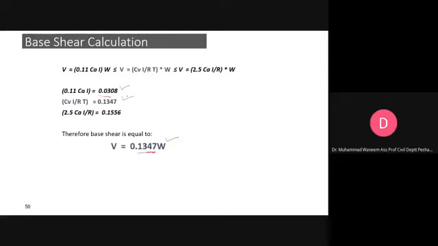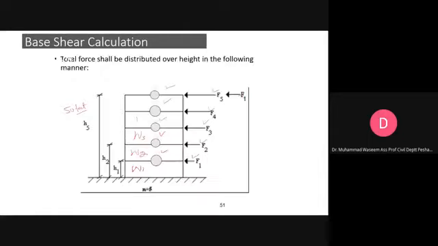You compute the base shear. This value is here, this value is here, and this value is here. So this value is greater than this, and this is less, so this is correct. So you will use this value as the base shear.